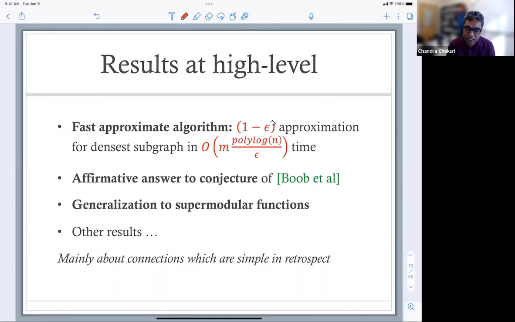I will highlight that towards the end of the talk. So the paper is really about a nice set of connections rather than any one result being very difficult. Hopefully I'll be able to convey the ideas to all of you in a very accessible fashion, so feel free to ask questions if you have any.